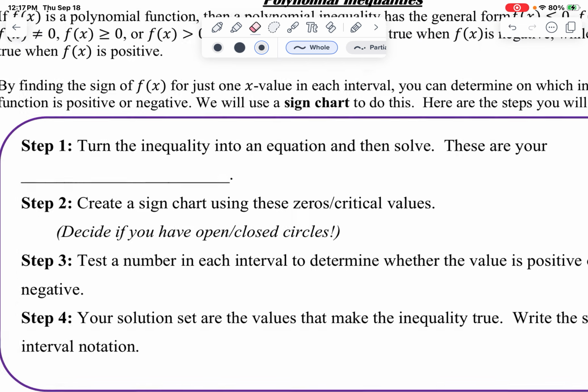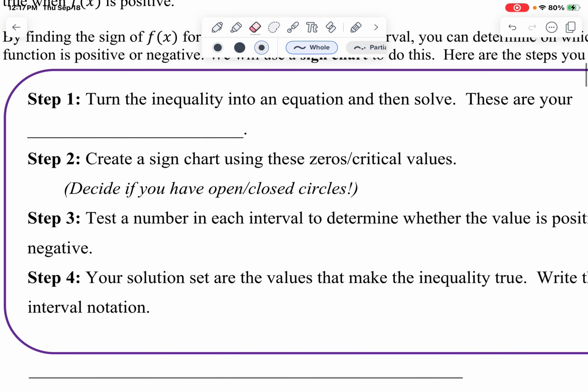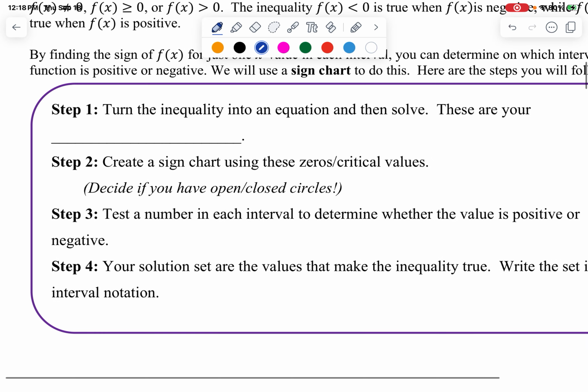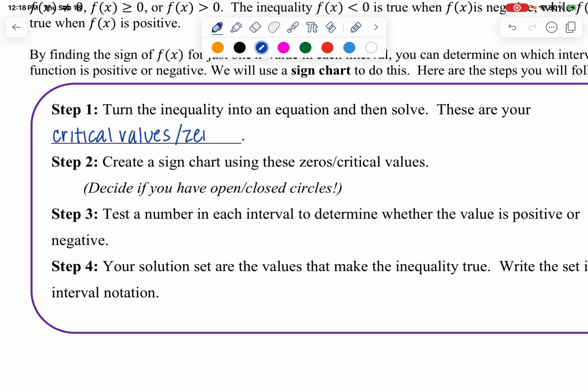Okay, so step number 1 is you are going to find the zeros or the solutions to the polynomial. In order to do that, it has to be an equation. So we're going to imagine that it's an equation, and we're going to solve it. These are called our critical values or our zeros.